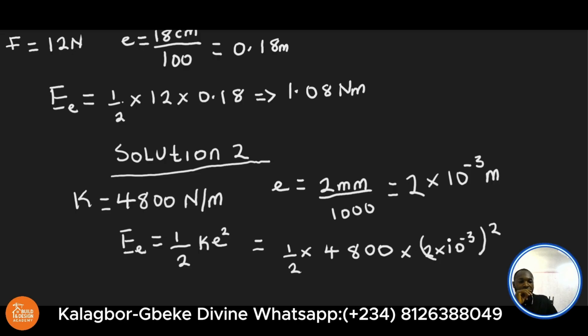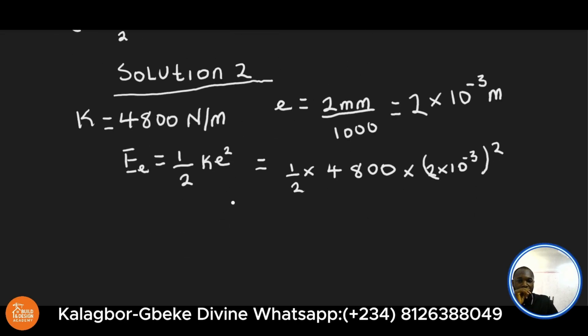So we have this. When we punch our calculator, we have our final answer to be 9.6 times 10 raised to the power minus 3 Newton meters.